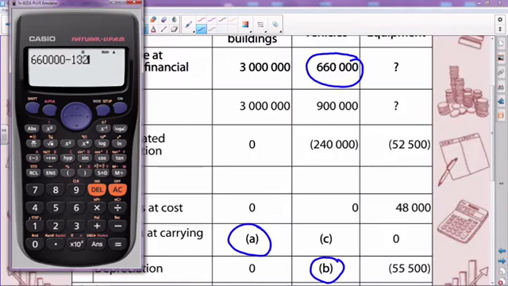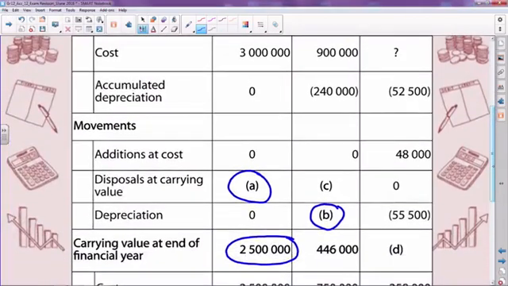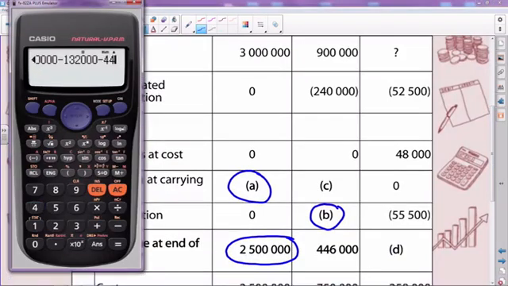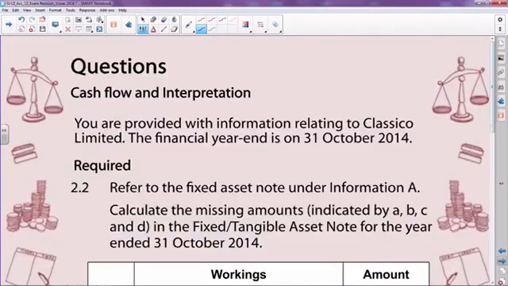You recall, we worked out that figure already. Minus what is my carrying value at the end of the year, 446,000. And that will give you a figure of 82,000 rand.